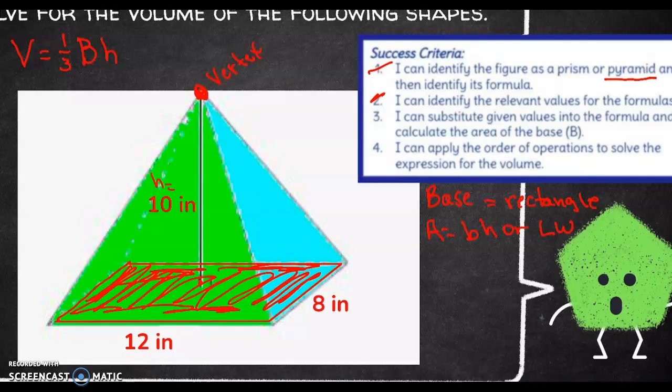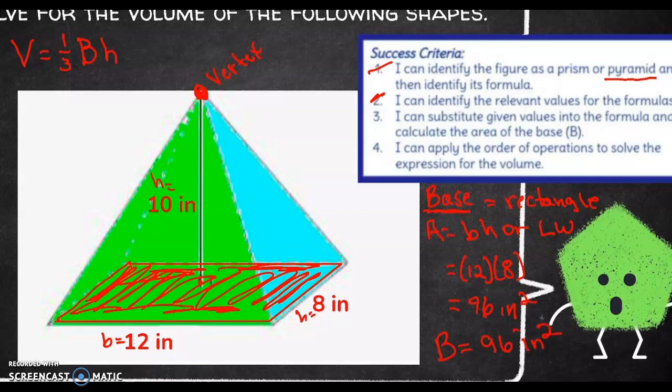So now I'm going to substitute the base and the height of the rectangle into my formula, which is 12 times 8, and 12 times 8, that's 16, carry the 1, gives me 96, and I'm dealing in inches, so my units is inches squared. So my base, capital B, back up here, my base is equal to 96 inches squared.